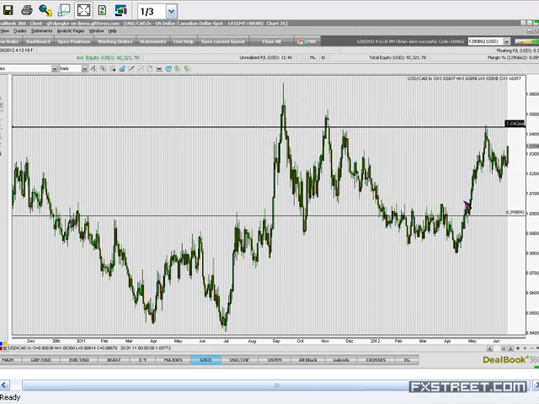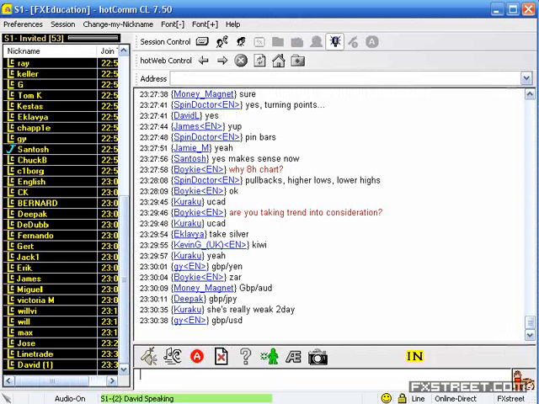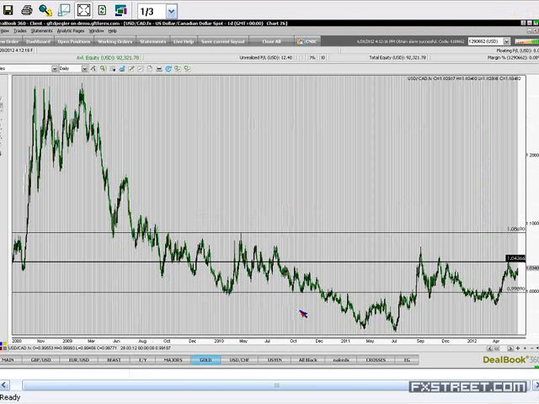Let's zoom out a touch. What do we notice overall about this pair? This is a pair that was very bearish, now very neutral, and now trying to resurrect the uptrend.